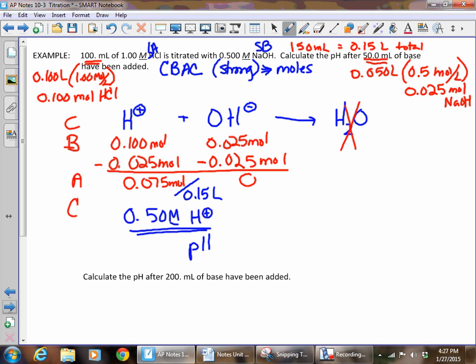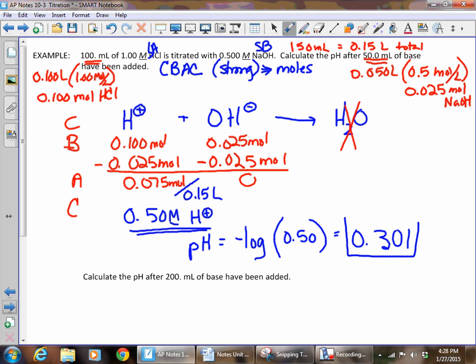The pH, remember, is the negative log of the hydrogen ion concentration, so the negative log of 0.50 is going to give us 0.301 for our 3 sig figs for our pH. So there's our pH for this solution, very low pH.